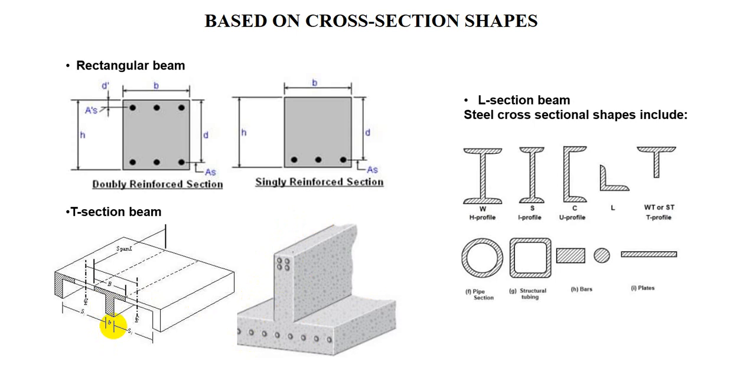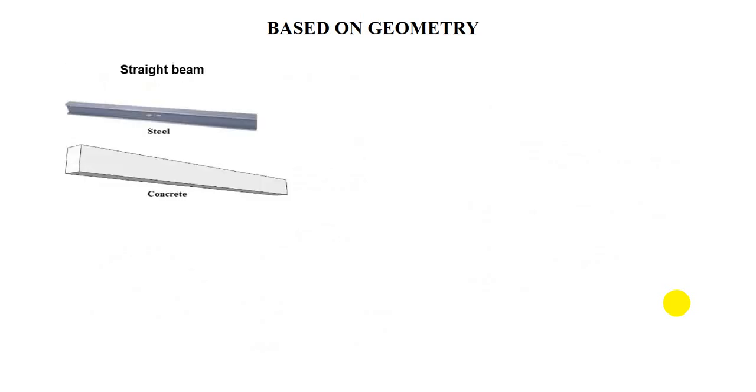There are many sections of beam, like steel cross-sectional shapes. Here there are many types of shape available for steel structures.